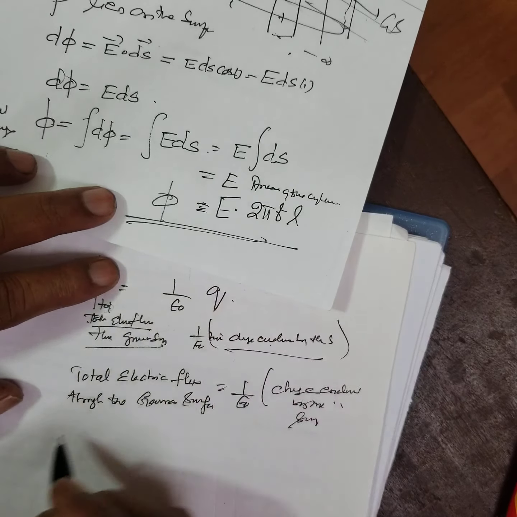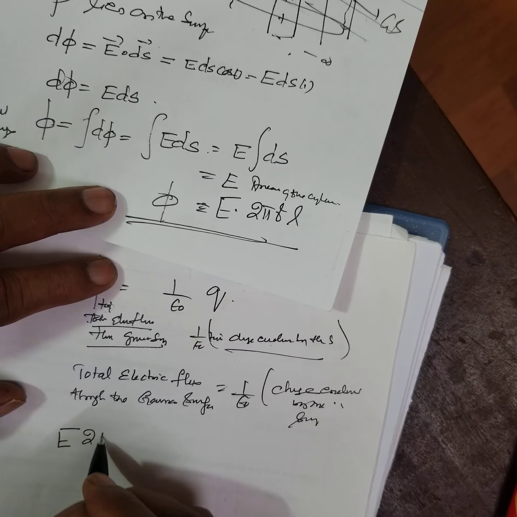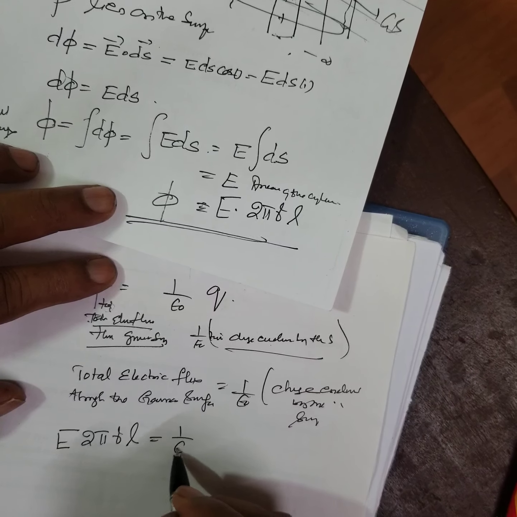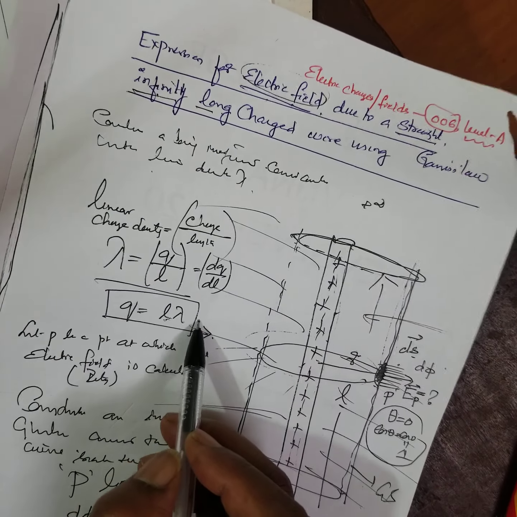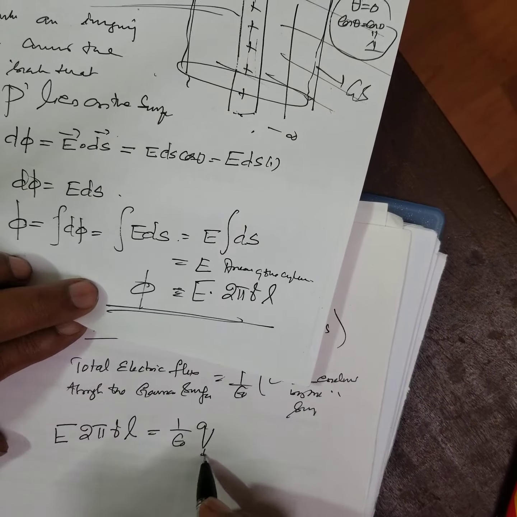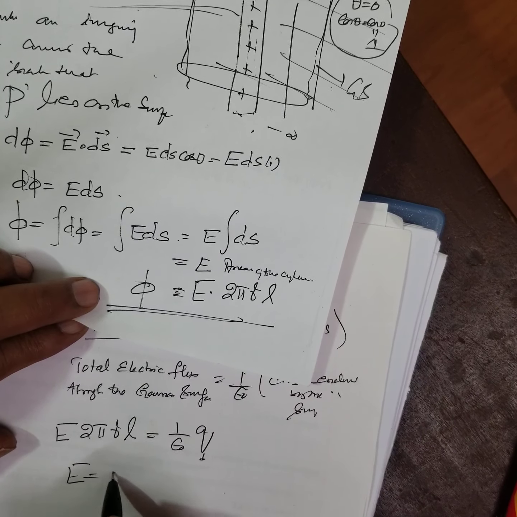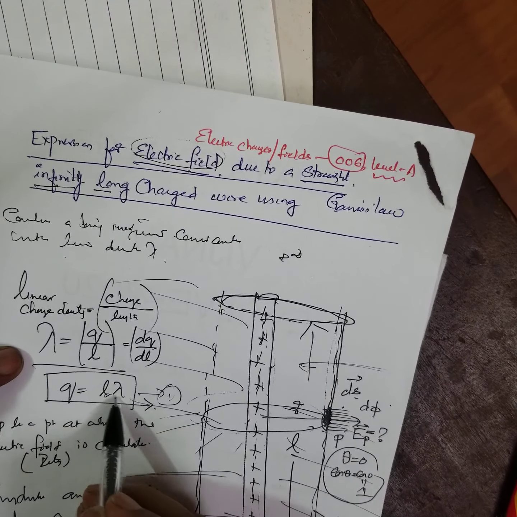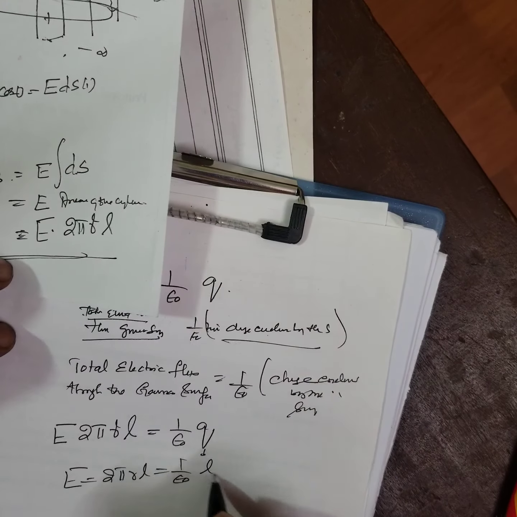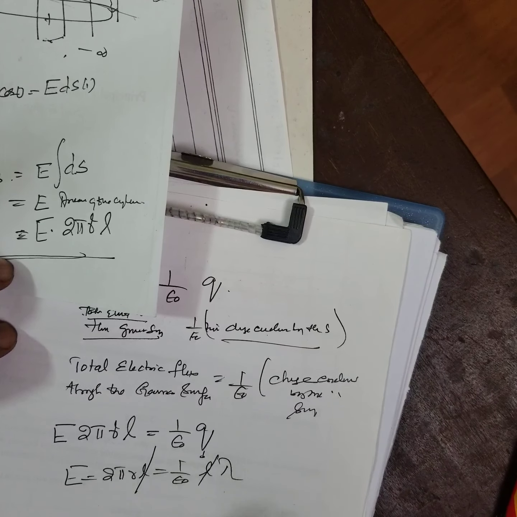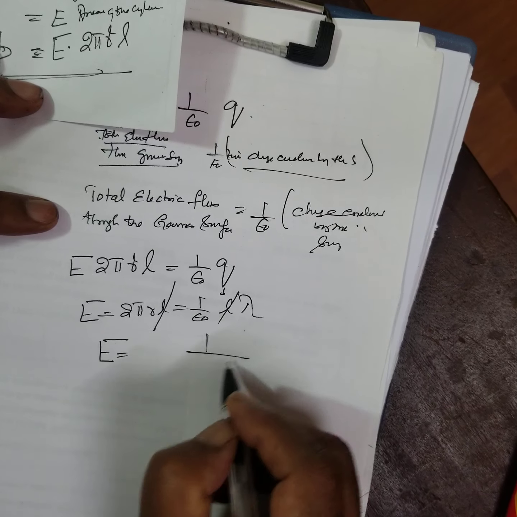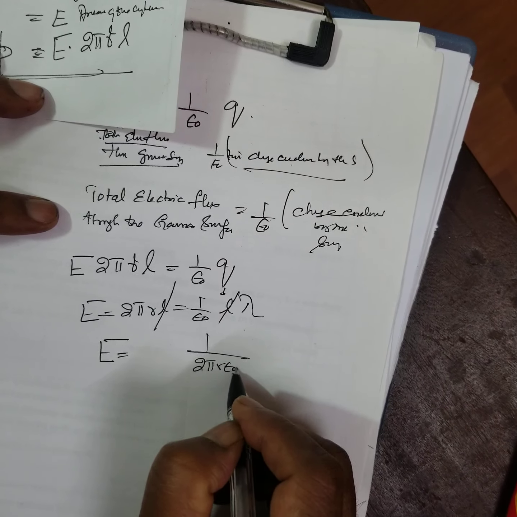Then the total flux: E 2 pi r L is equal to 1 by epsilon times Q. But we have Q equal to L lambda from before. So E times 2 pi r L equals 1 by epsilon times L lambda. L will get cancelled. Now substitute for E, E equals lambda by 2 pi r epsilon.